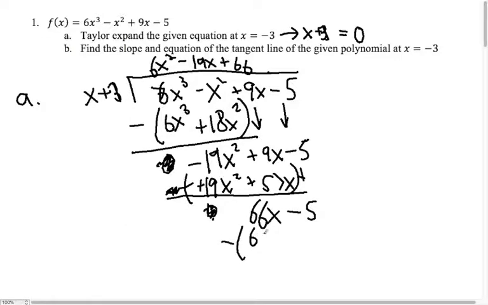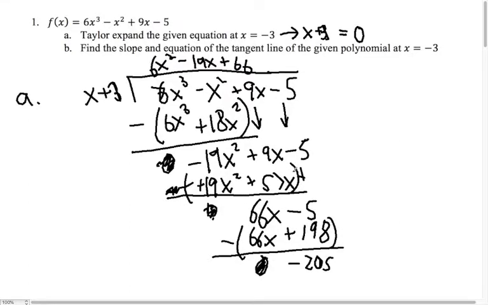So we get minus 66x plus 198, which this would be 0, so we disregard it, and the value remaining is minus 205. And clearly you can't simplify anymore.